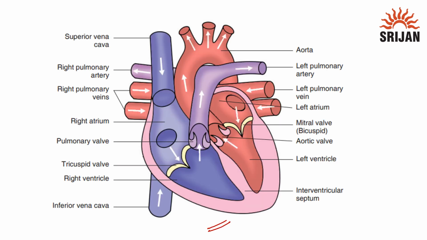Here we can observe the valves. So this is the tricuspid valve present between the right atrium and right ventricle, and this is the bicuspid valve, also known as the mitral valve, present between the left atrium and left ventricle. We also have semilunar valves. So this is the pulmonary valve and this is the aortic valve. Both of these are the semilunar valves.